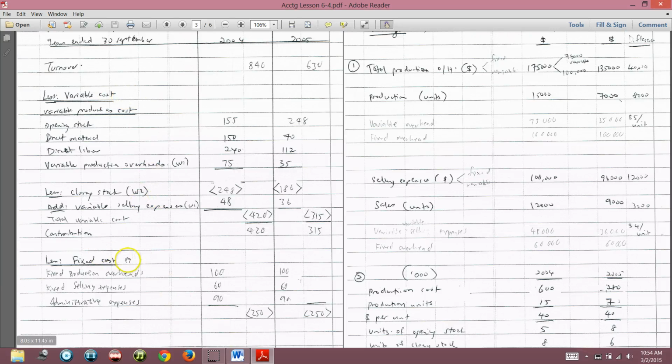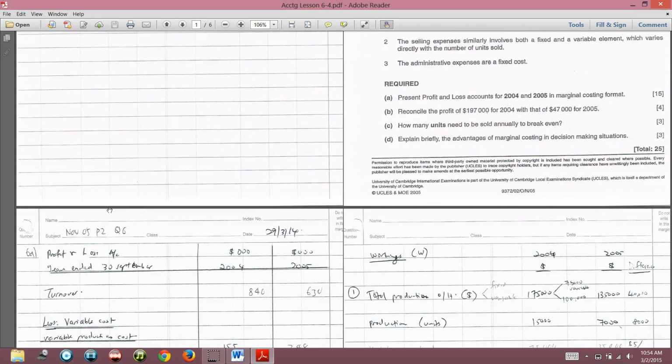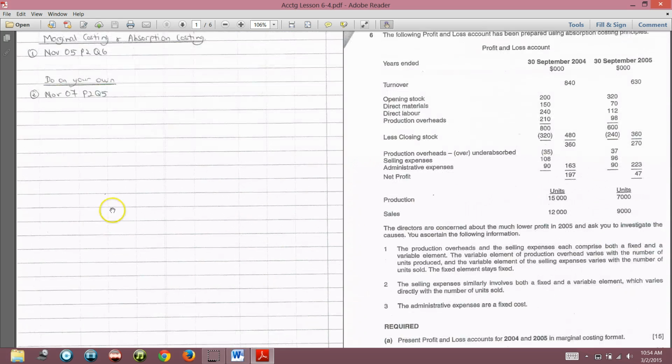Then you minus your fixed cost, which includes fixed office cost and fixed factory cost. So this is the difference between the marginal costing profit and loss account and the absorption costing profit and loss account.